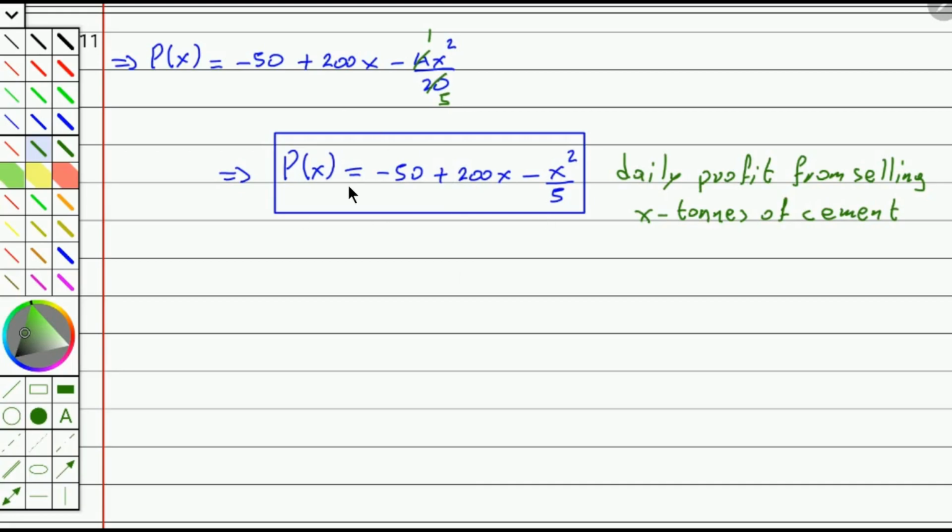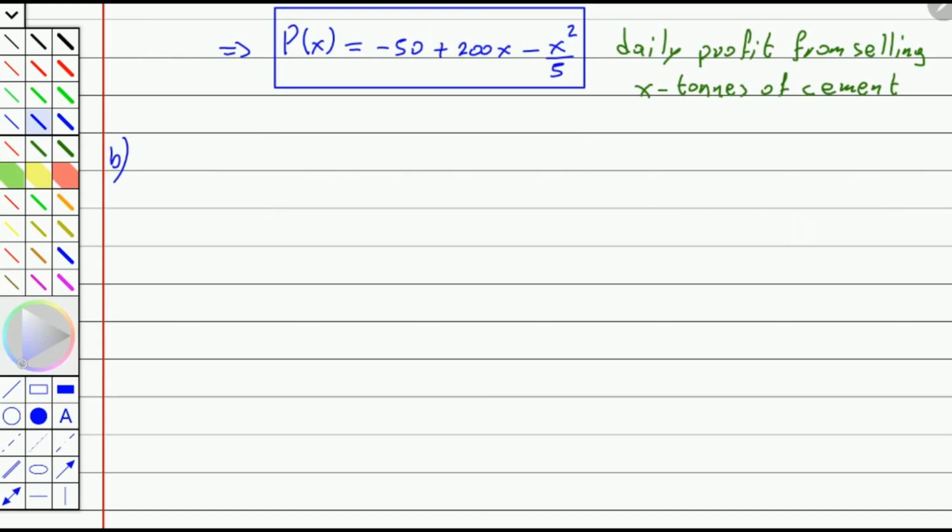So we want to maximize this function now, because this is a quadratic. We can understand from our school years that since a is negative, this function will have a maximum. But let's go ahead and prove it. So for maximizing the profit, we need dP over dx, which is very easily calculated, equals 200 minus 2x over 5 equals 0.